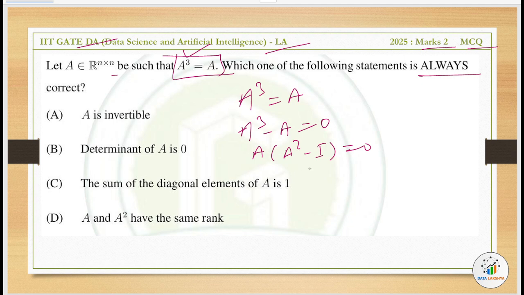In terms of a polynomial, by using the Cayley-Hamilton theorem, every square matrix satisfies its characteristic equation. So we can write the polynomial p of x equal to x square minus 1, and this annihilates A.